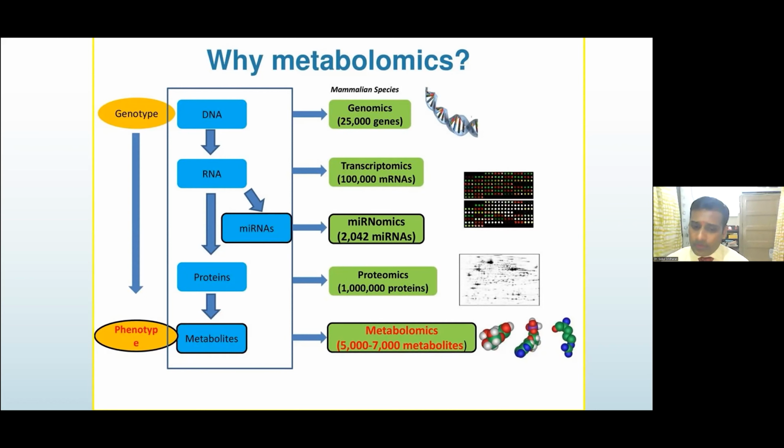But metabolomics helps in identification of various metabolites, and these metabolites are actually an end product of various changes that take place in the DNA or RNA, and hence they are as close as possible to the phenotypic change that is evident in any kind of malignancies or other tumors as well.